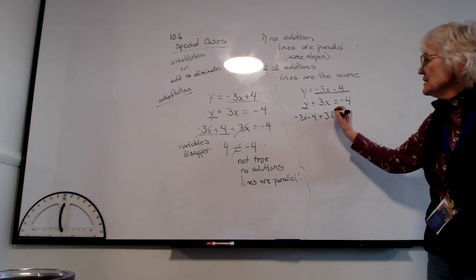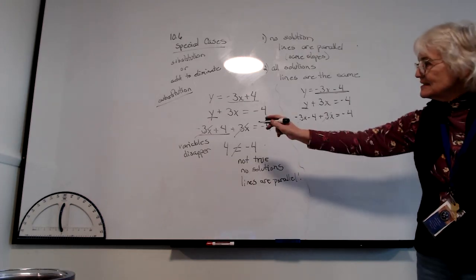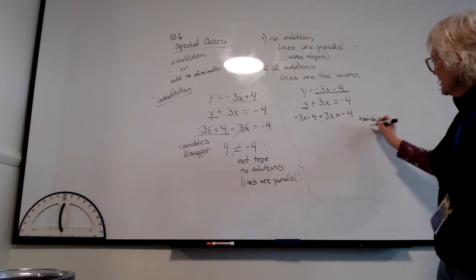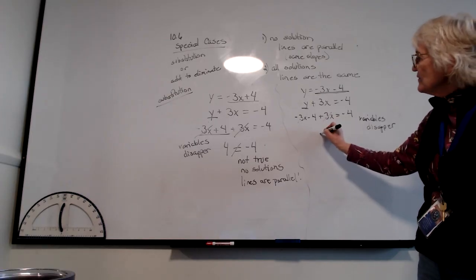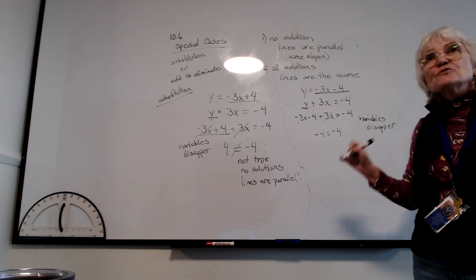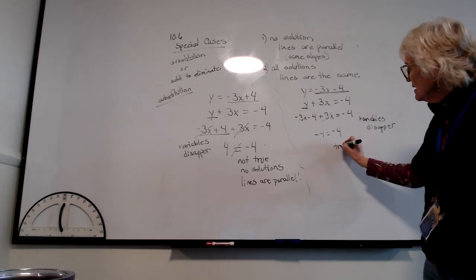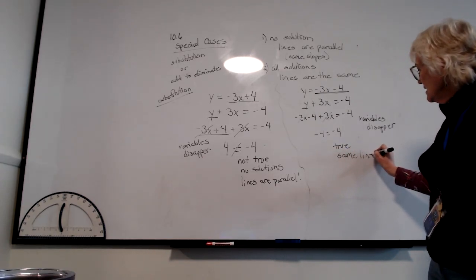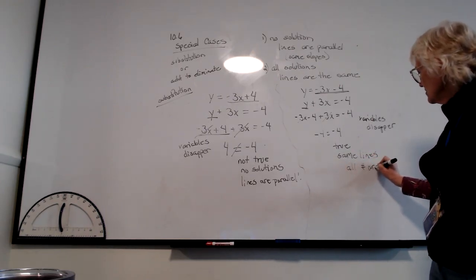The variables disappear because negative 3x and 3x cancel out. But in this case, I get negative 4 equals negative 4. That is true. If it's true, then they are the same line, and all numbers are solutions.